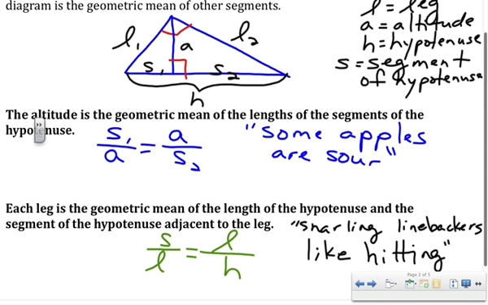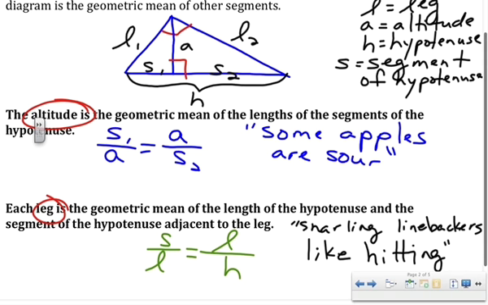Stay focused. Once again, in an attempt to make sure that we're all speaking the same language in here as we're getting used to using these proportions, realize that I'm going to call this one the leg proportion, and I'm going to call this one the altitude proportion. So you automatically have three sides that fill in just to know if it's a leg or altitude.